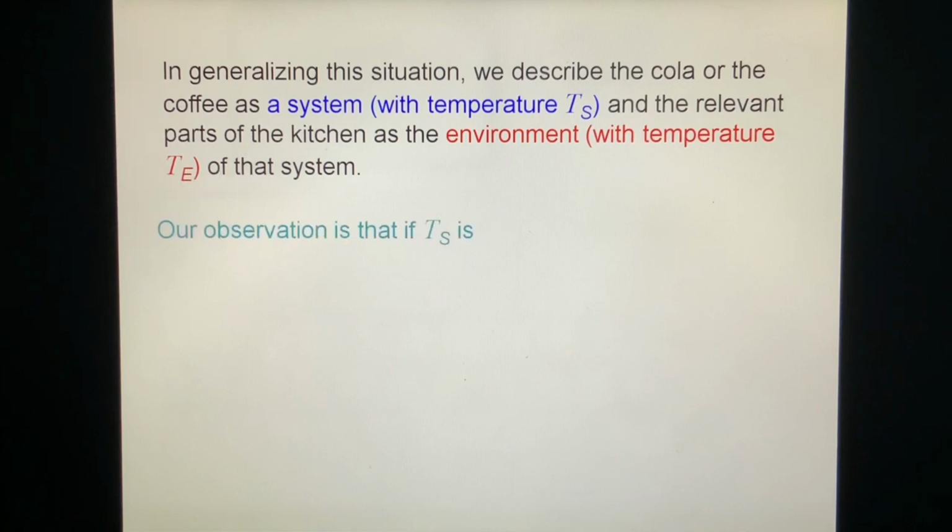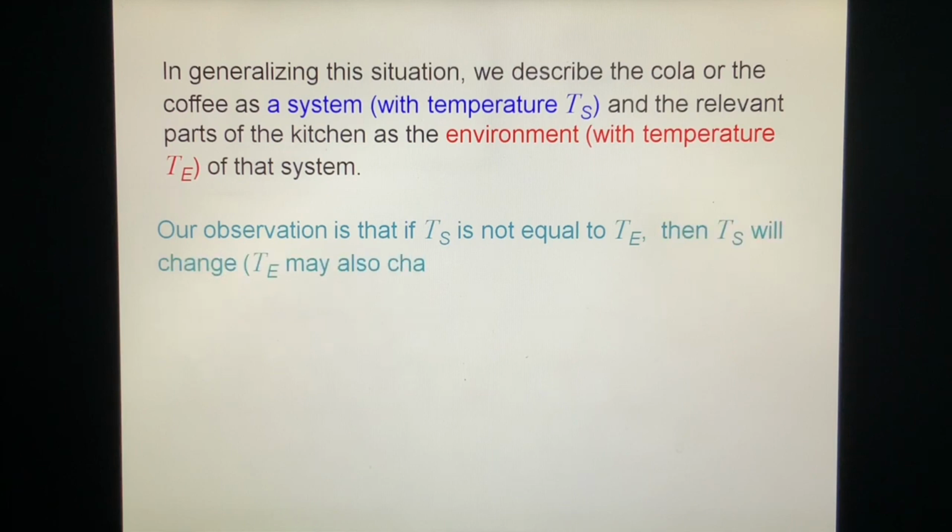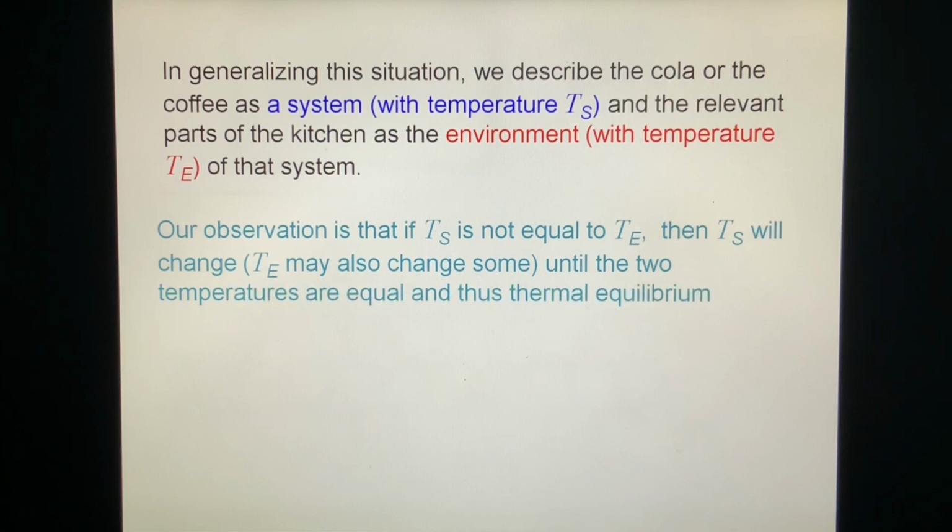Our observation is that if T_S is not equal to T_E, then T_S will change. T_E may also change some until the two temperatures are equal, and thus thermal equilibrium is reached.